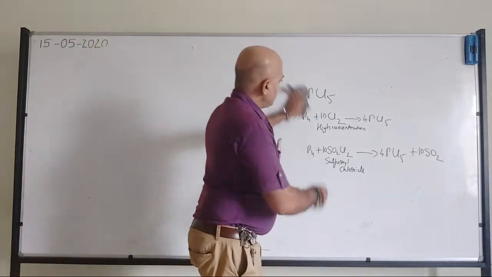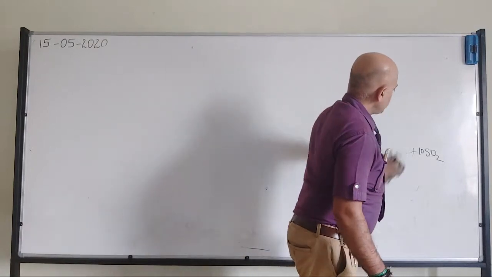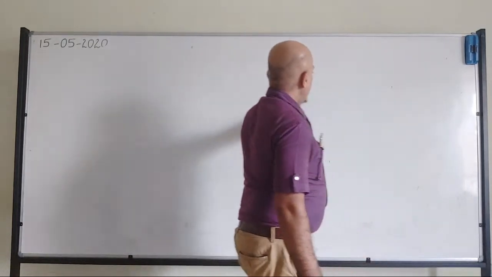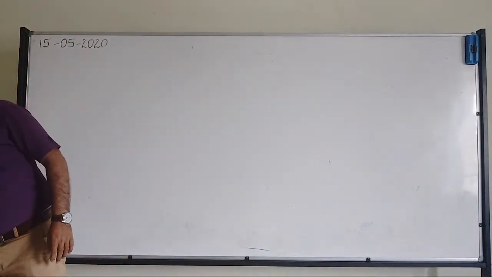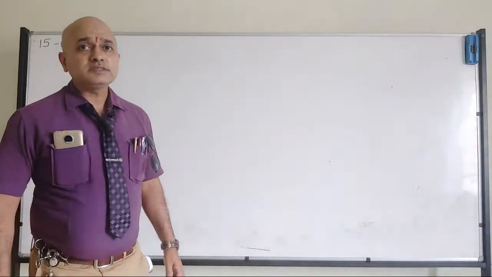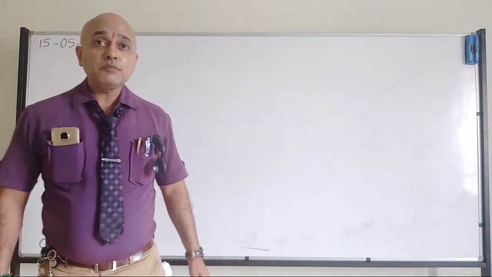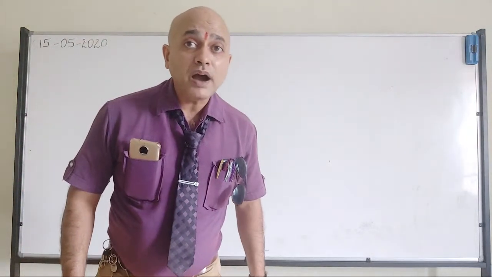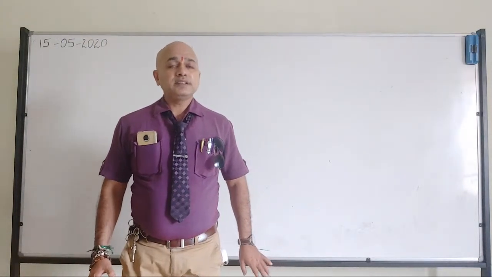And with respect to PCl3 and PCl5, you can expect a question. Another important reaction I told is white phosphorus with hot concentrated sodium hydroxide, where there will be formation of phosphide. So that's what we have discussed today.